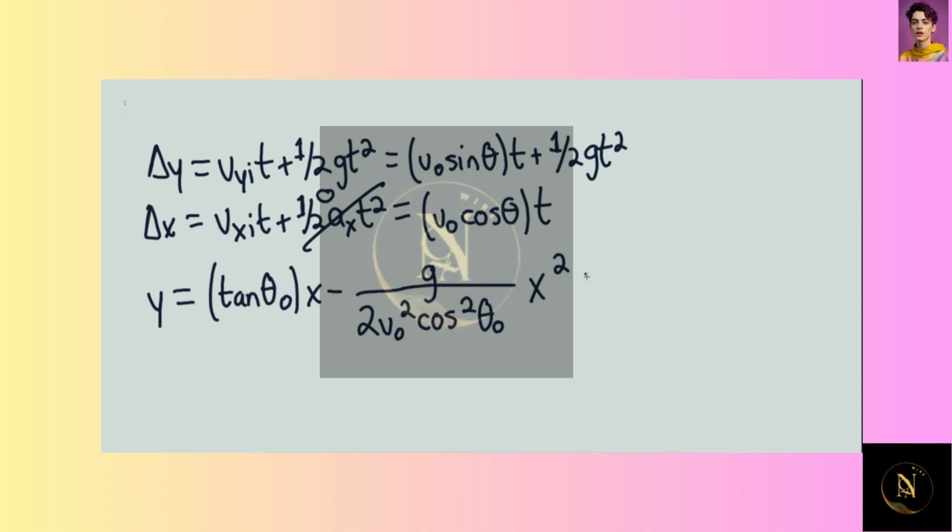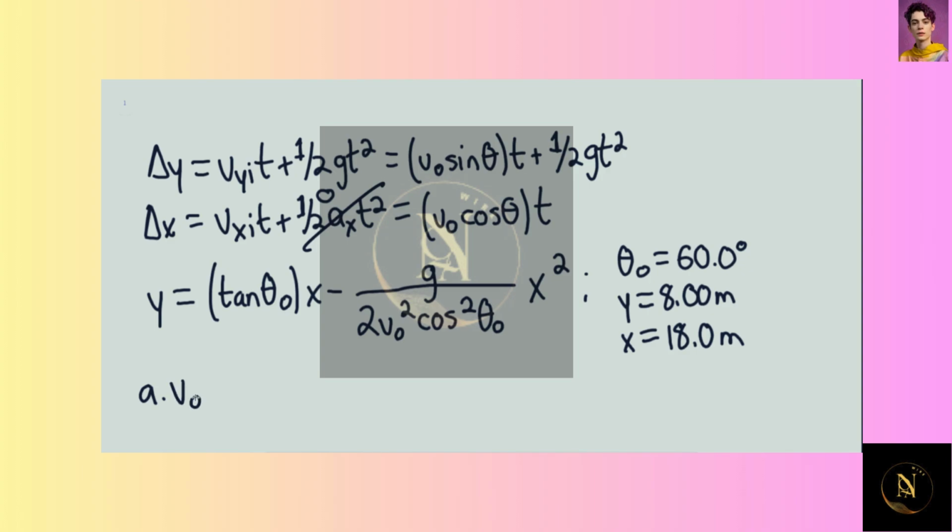Now, here we know that the initial angle is equaling 60.0 degrees. Y in this case would be 8.00 meters. And then we're solving when x is equaling 18.0 meters.